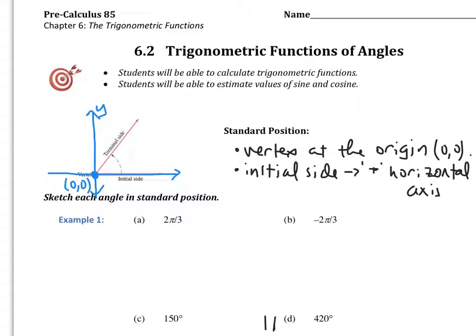All right, and then the third piece of information that you're going to see, especially when we get down to example number 1, is that anytime you have a positive angle, like 120 degrees, we go in a counterclockwise direction.